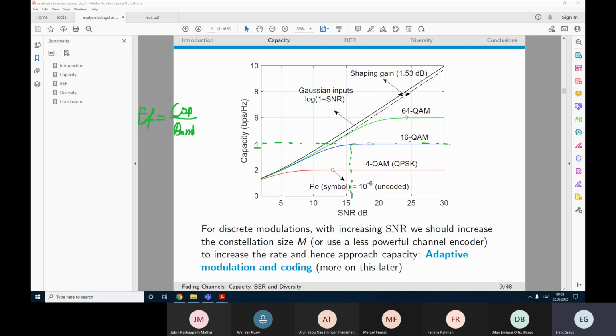This is also specified for a specific error probability. An error probability of 10 to the degree minus 6 is observed for a specific signal to noise ratio, as you know from the noise immunity curves which we plotted in the last practical exercise. Here we have this SNR, and here we have this error probability.